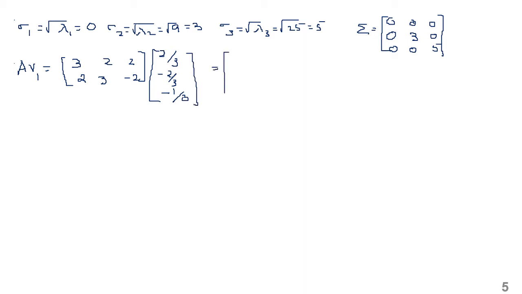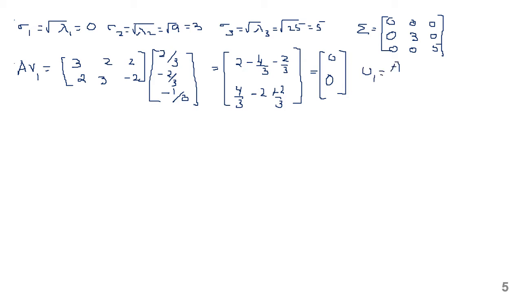It gives you 2, minus 4 by 3, minus 2 by 3, 4 by 3, minus 2 plus 2 by 3. So that will give me 0, 0. Therefore, U1 is equal to AV1 by sigma 1, that will give me 0, 0.